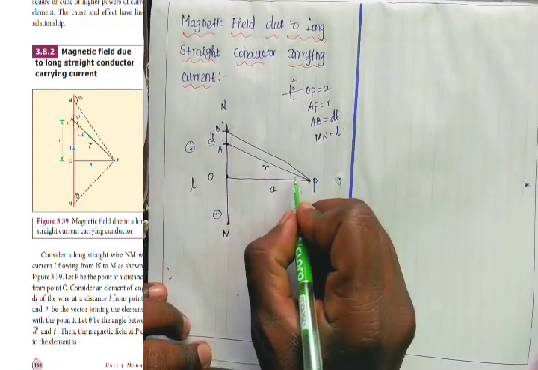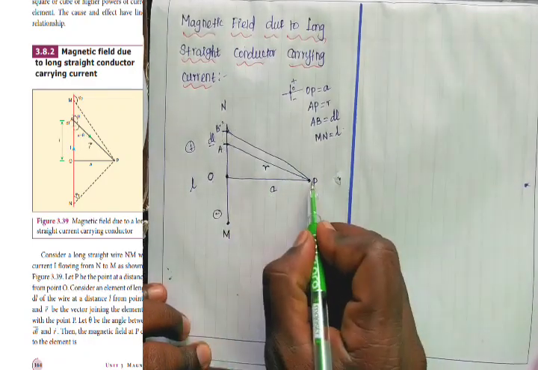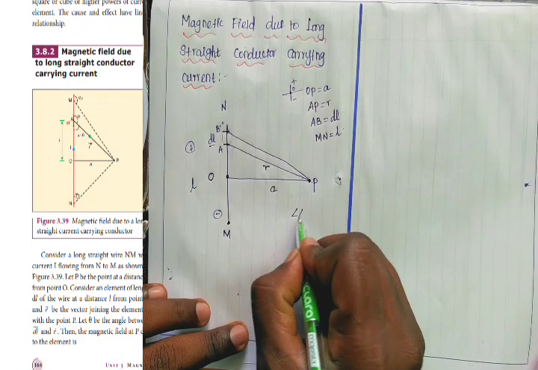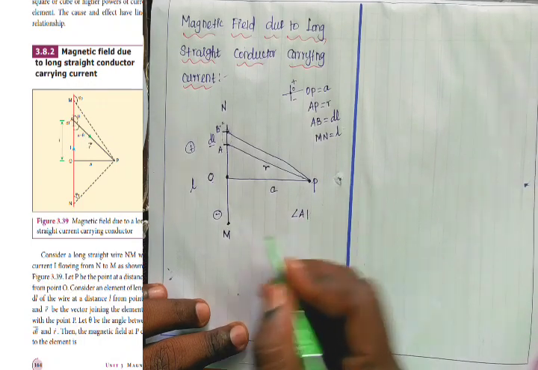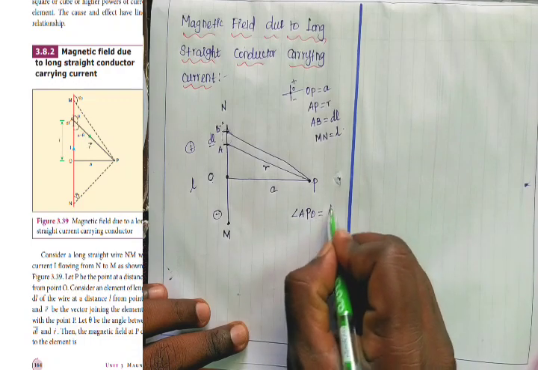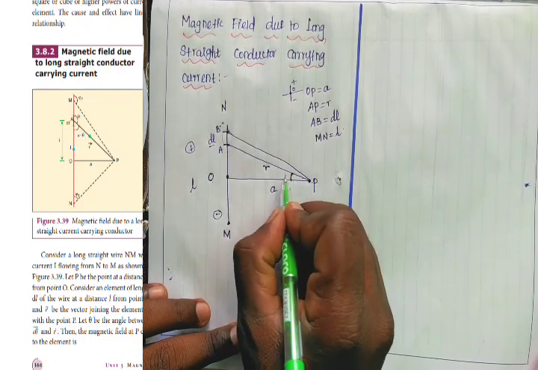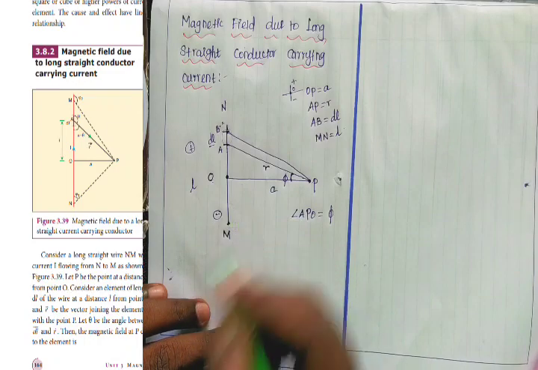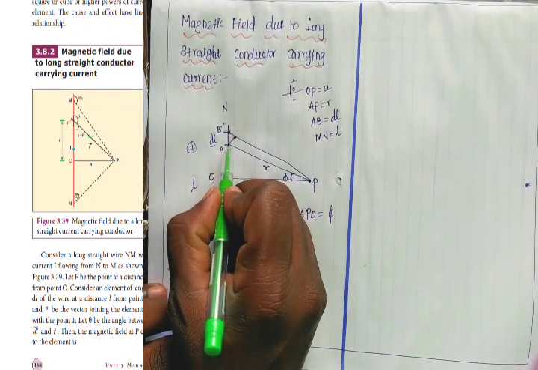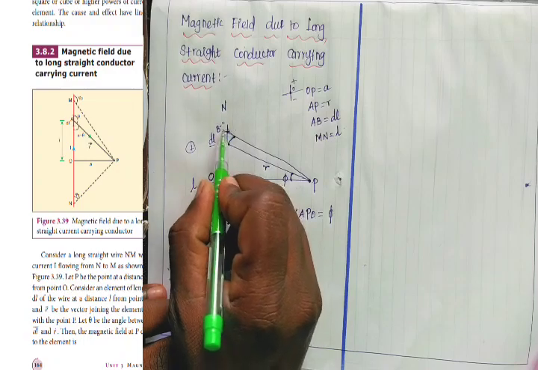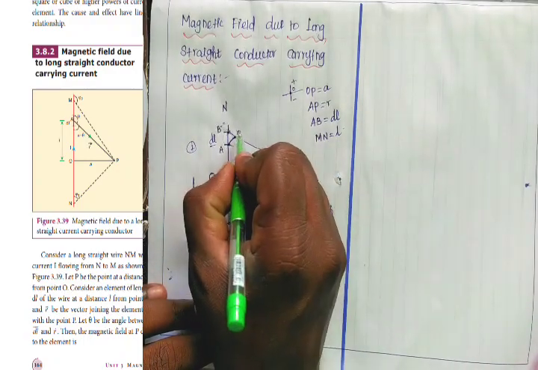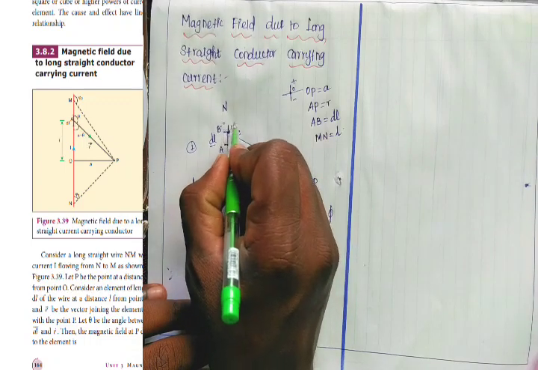So next, the angle APO is equal to phi. That means this angle value is phi. And the next one, we consider one perpendicular line from A to the line AB at point C, and it makes some angle.